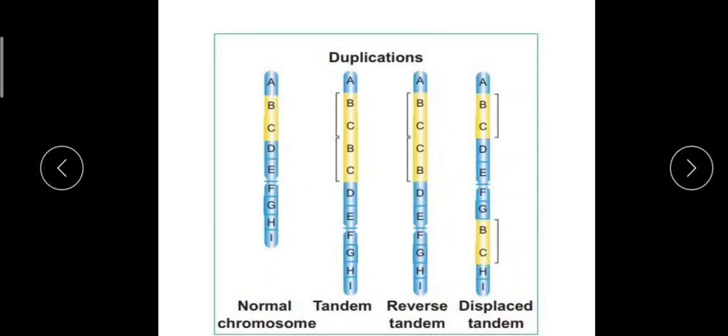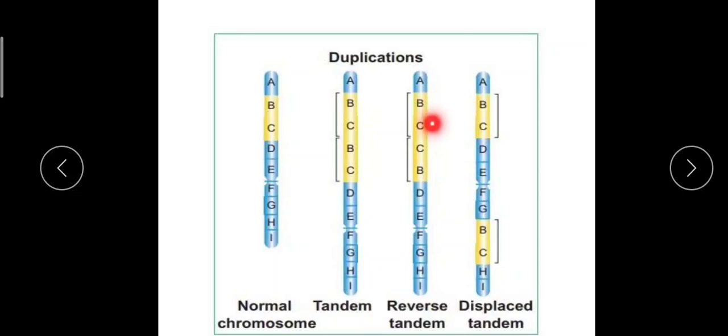In reverse tandem, see what happens. Here the BC segment is duplicated but in the reverse orientation. B comes below and C goes up. So the BC segment is reversely oriented here. So this is what a reverse tandem duplication is.